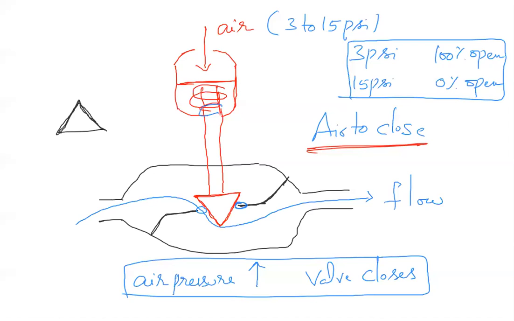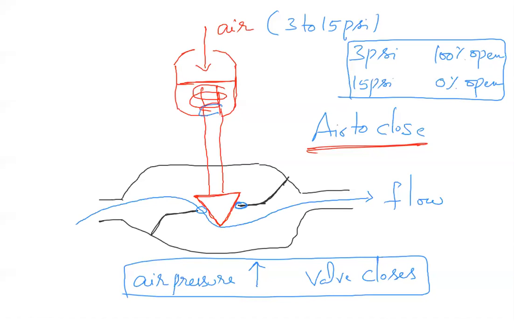So have you understood air to open, air to close? This is air to close because if air pressure increases, the valve closes. And one more important point, I will draw the air to open diagram.